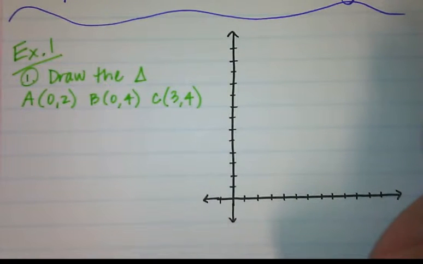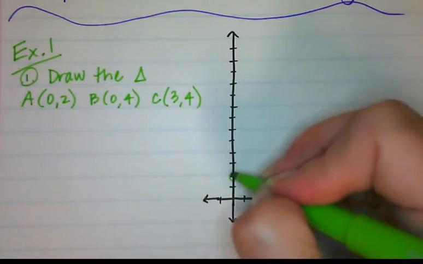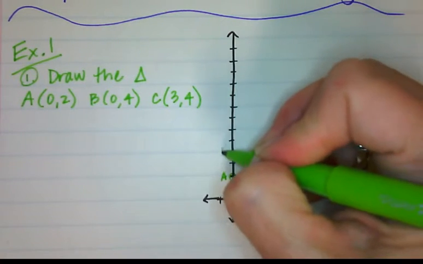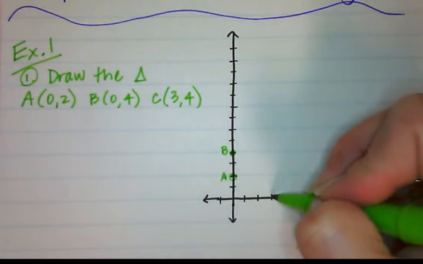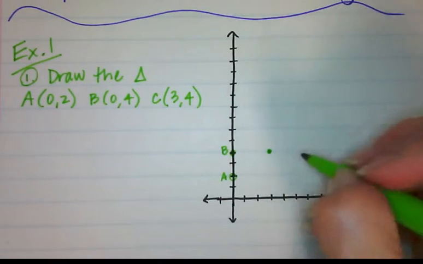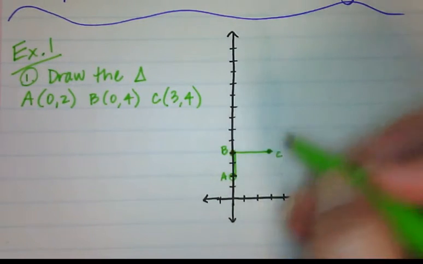So first thing we need to do is plot this on the graph. So 0, 2 is right here. So here's our A. B is at 0, 4, which is right there. And C is 3, 4, which is right over here. So this is our triangle.